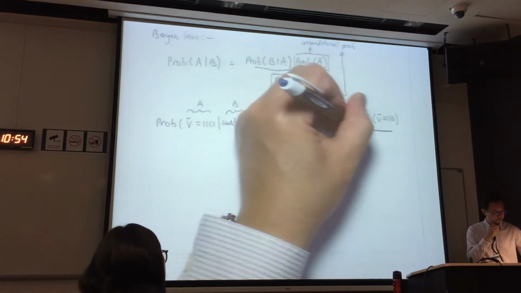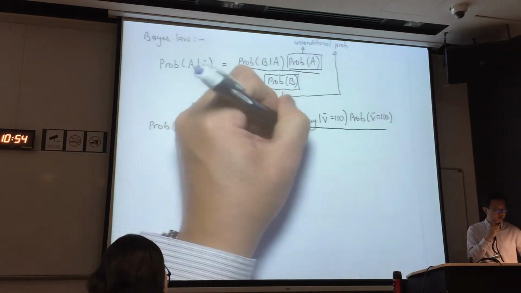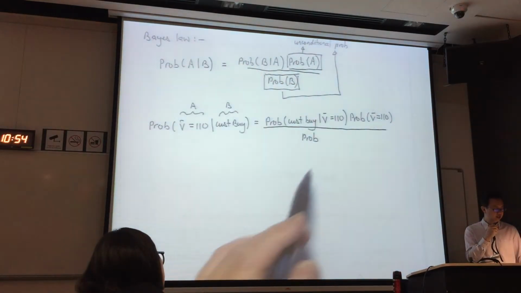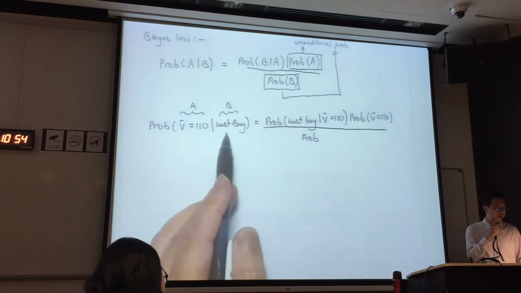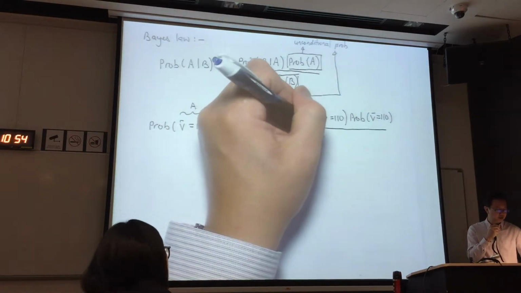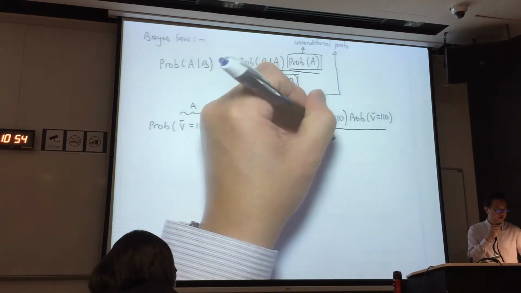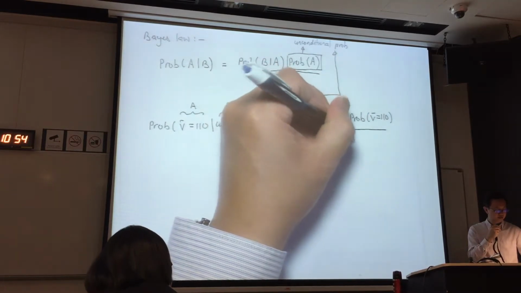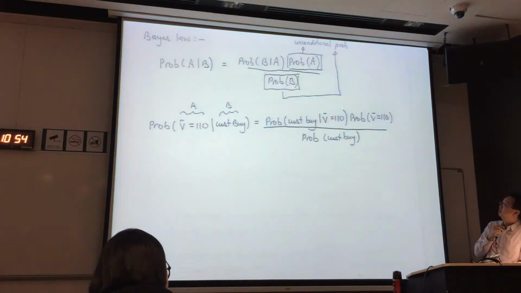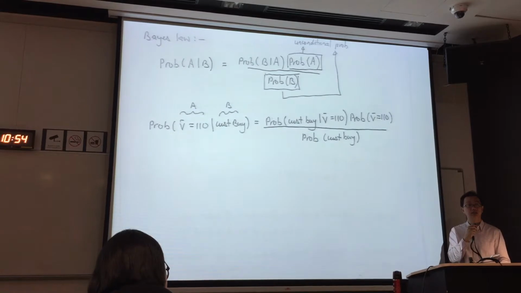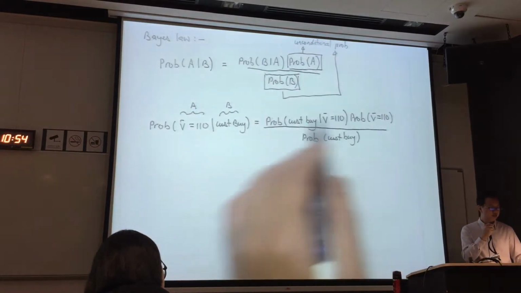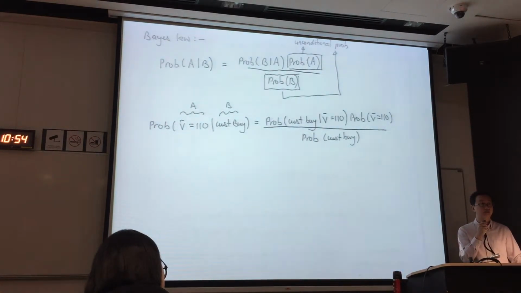Then divide by the probability of event B. B here is customer buying, right? So probability of customer buy. Yeah. So we are going to get this probability from the tree diagram.